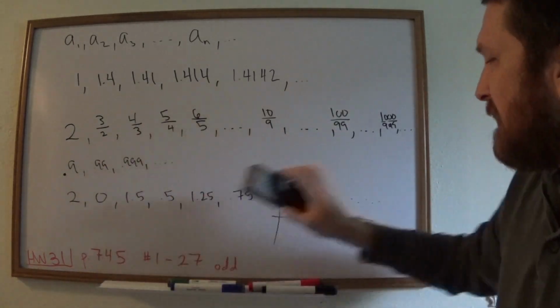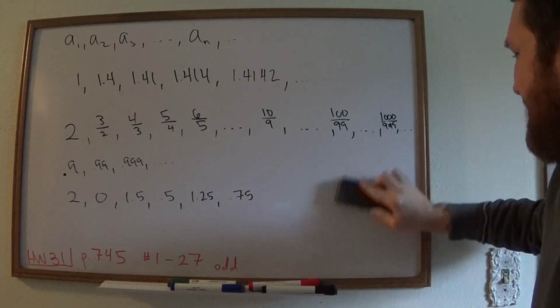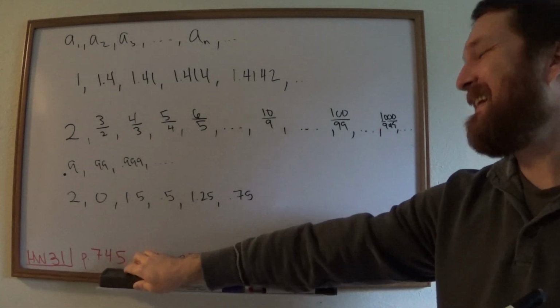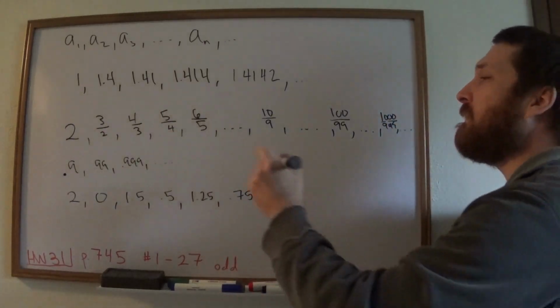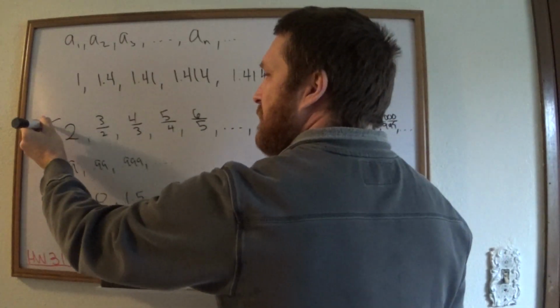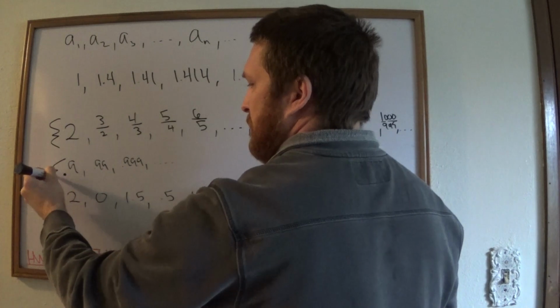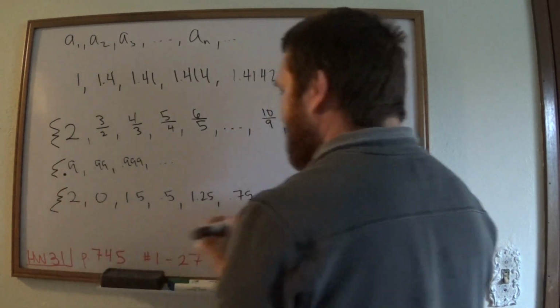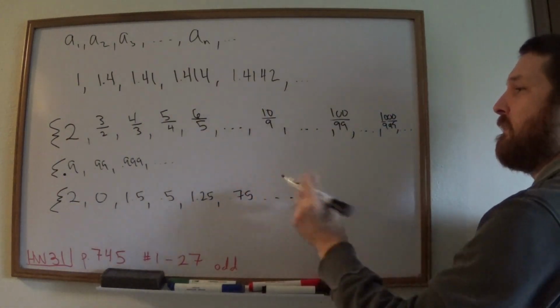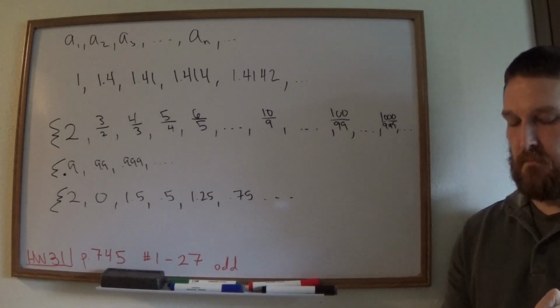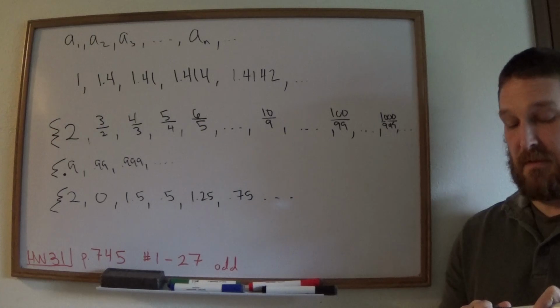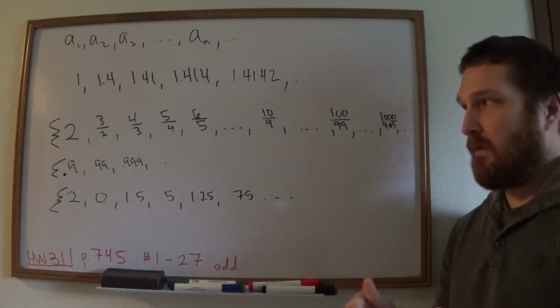And so this is the thing. I have to talk about this. Last year we talked about the real number system. And I said that real numbers, we didn't define them in class.